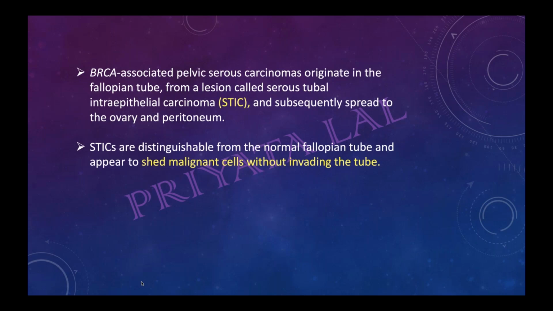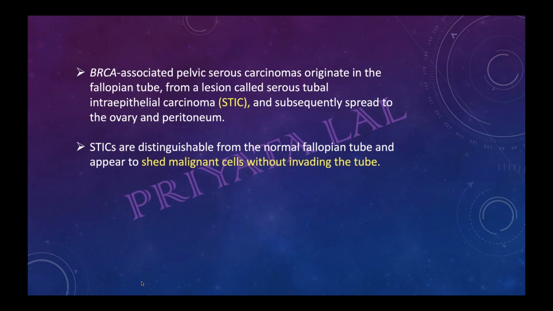Now, one thing is important to remember because you may get a question from here. BRCA associated serous carcinoma usually originates from the fallopian tube. And what is the lesion from where it originates? That is called a STIC, serous tubal intraepithelial carcinoma. So you have to remember this much.